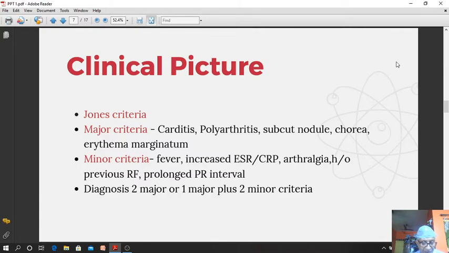In minor criteria, we have fever, increased ESR, C-reactive protein, arthralgia, history of previous rheumatic fever, prolonged PR interval in ECG. So for diagnosis, we require either two major criteria or one major and two minor criteria.